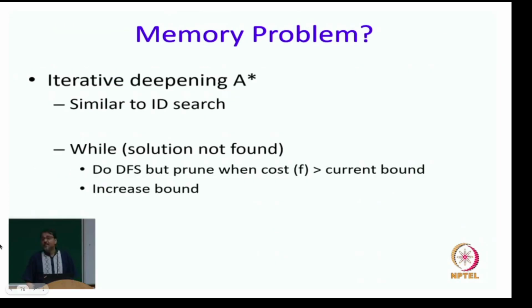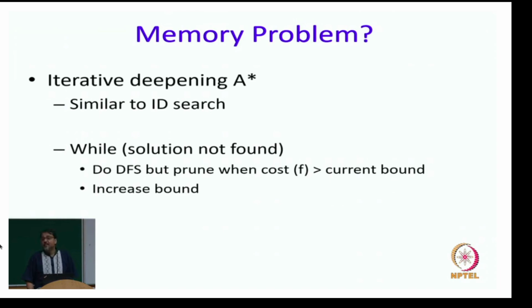So if you saw in the previous slide, it has to track all the nodes. In order to track all the nodes, we need very large memory. So what we can do, similar to whatever we had done earlier, is iterative deepening.